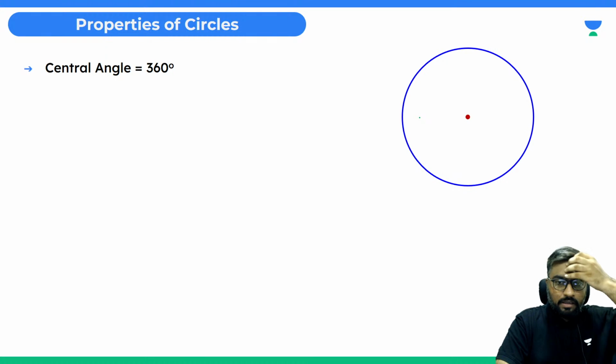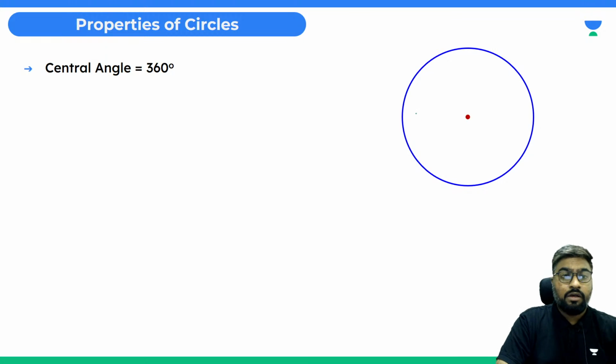Hello Mansi. Clear? Now when we talk about chords, you have to understand, the closer the chord is to the center, let's say there is one chord this, there is another chord this, okay, this distance and this distance, yes, which is longer?